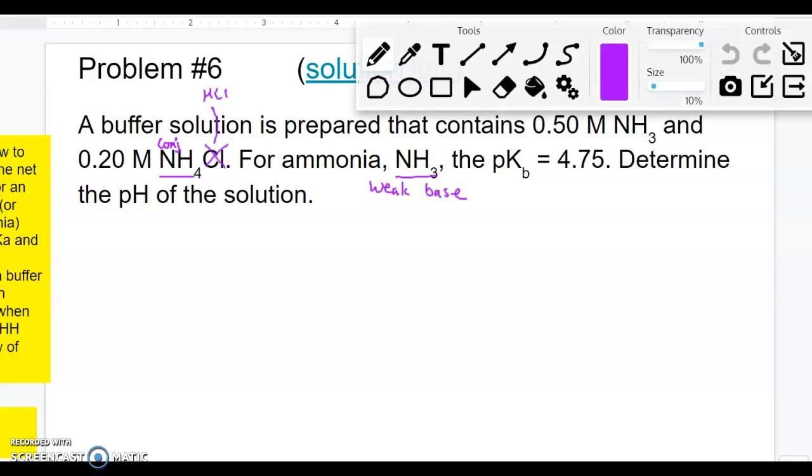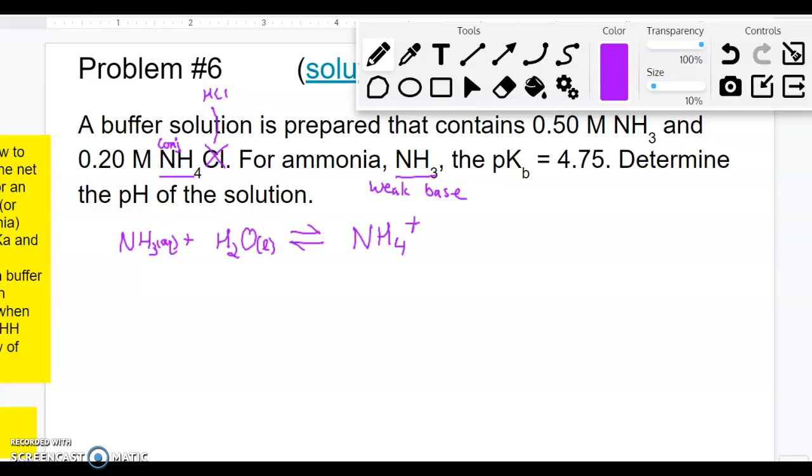We start off with our base. Because we're dealing with pKb, it might be nice to work with NH3. That's our base, and it's aqueous. And it reacts with water. So when we deal with weak acids and weak bases, we can react it with water. And because it's in equilibrium, we have the forward and reverse reaction arrows. And we get NH4 plus.